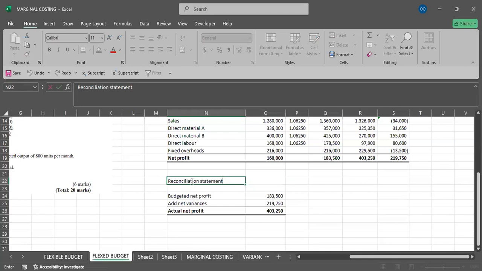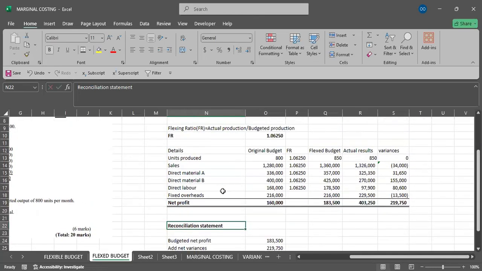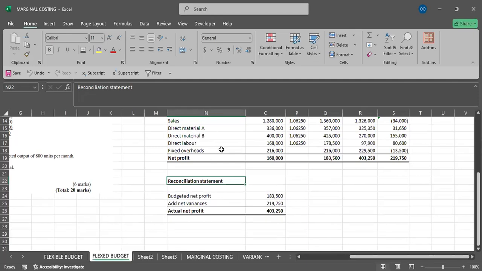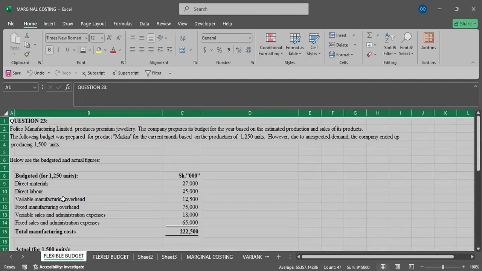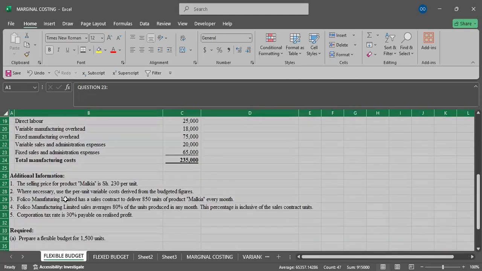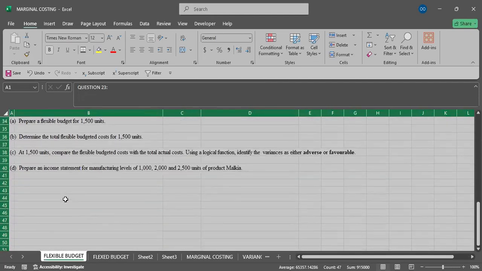This is what we call a reconciliation statement, right? So when you get to this particular concept, it is there in advanced management accounting, it is there in management accounting, it is there in business data analytics. That is what you'll be required to do. It is the same method, the same procedure, right? And if you want to know that what I'm telling you is the fact, look at what BDS students got in their exams in August 2024.